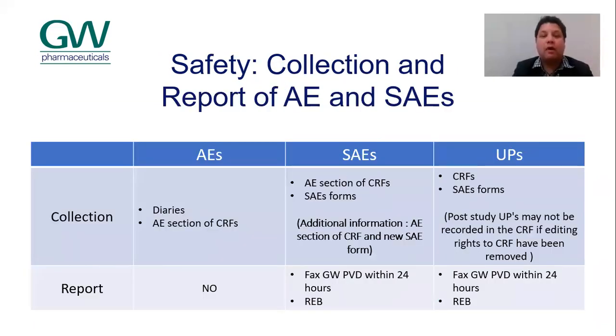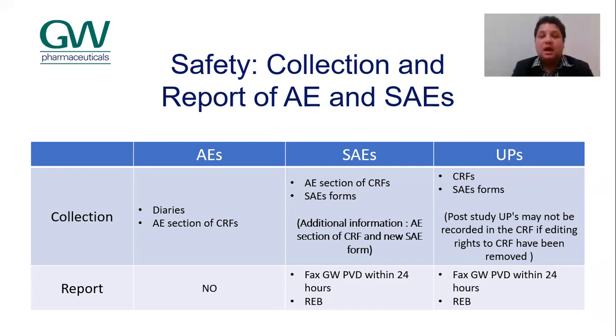Here is an overview of how adverse events and serious adverse events are collected and reported. Adverse events are collected in diaries and adverse event sections of case report forms. Serious adverse events and unexpected problems are collected in adverse event sections of case report forms and serious adverse event forms.